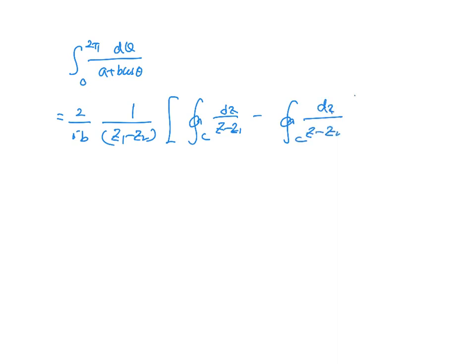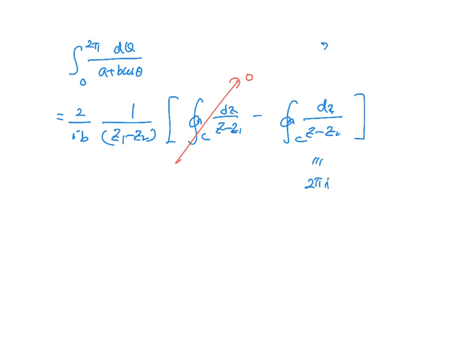This is c, right? But this one is out, so that is 0. And this one, you know the result, right? 2 pi i.